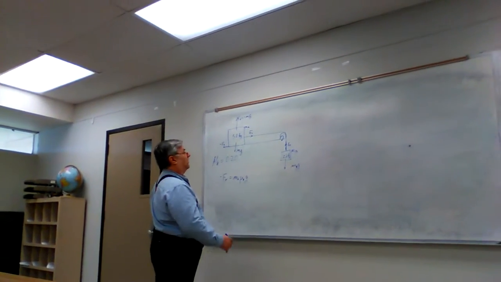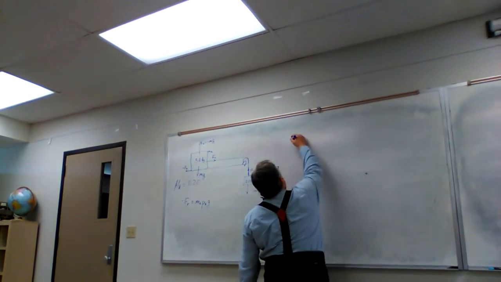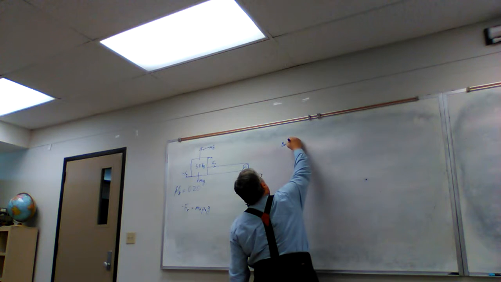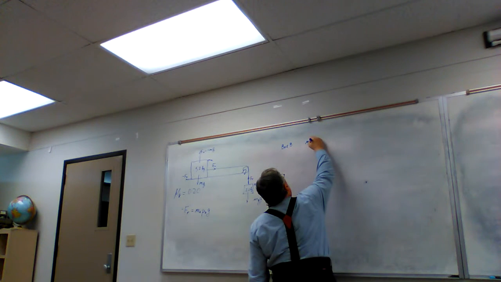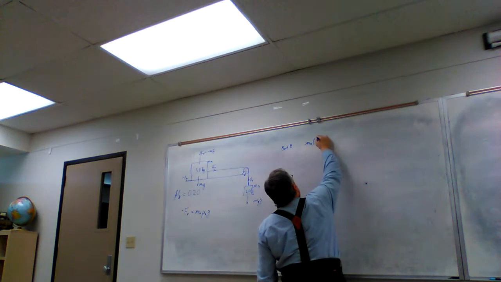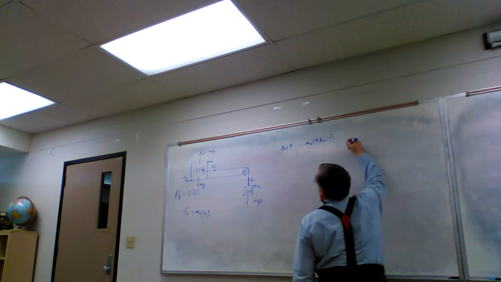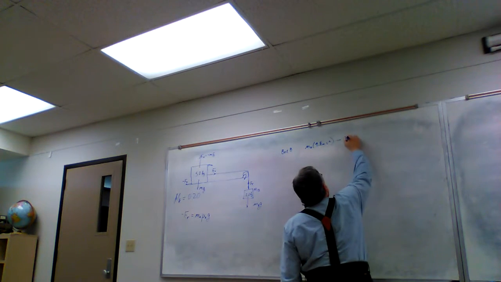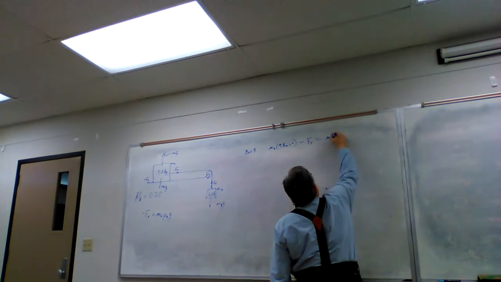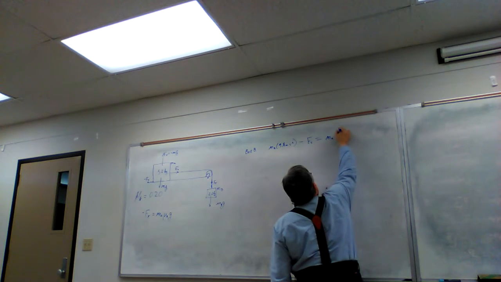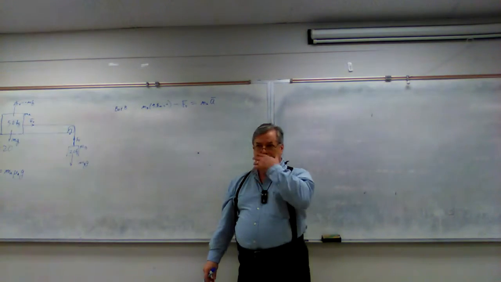So let's start by writing out the sum of the forces on both boxes. We know that for box B, we have mass B times 9.8 meters per second squared minus the force due to tension, and that is equal to mass B times the net acceleration of the box.